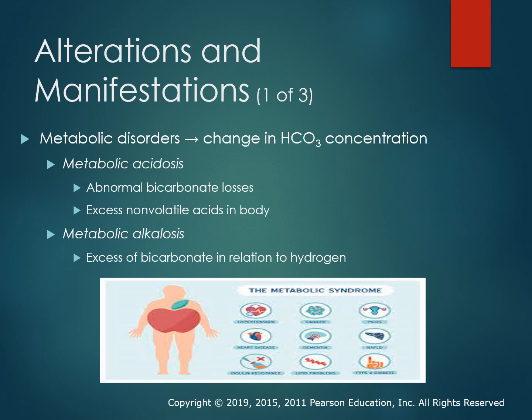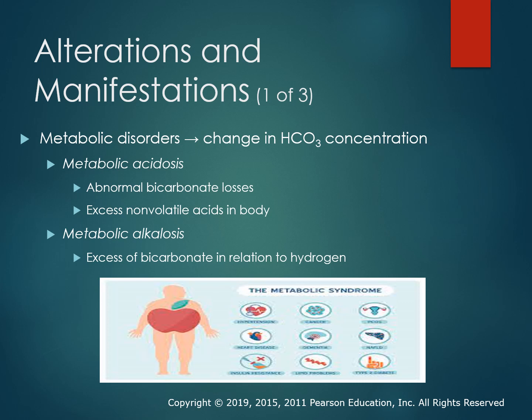This condition can develop from abnormal bicarbonate losses or from excess non-volatile acids in the body. So you have a buildup of these acids. The pH falls below 7.35 and the bicarbonate concentration is less than 24 milliequivalents per liter.